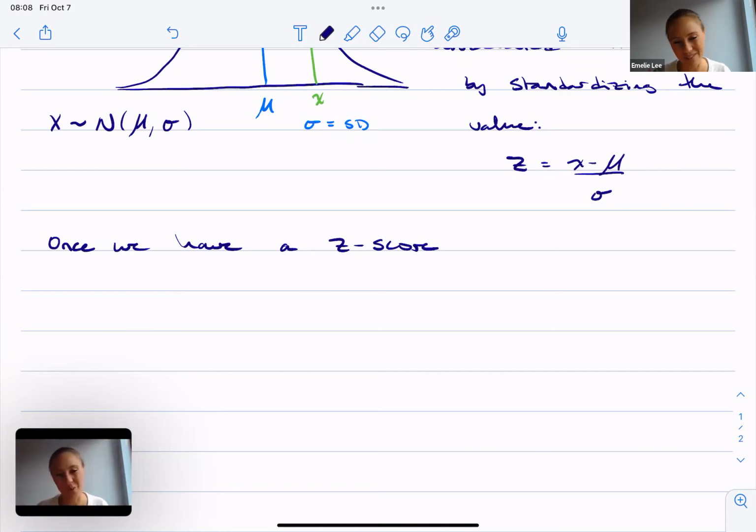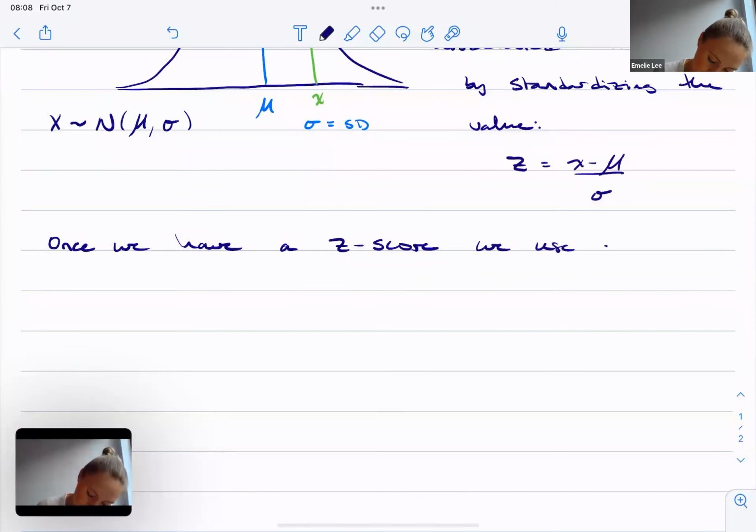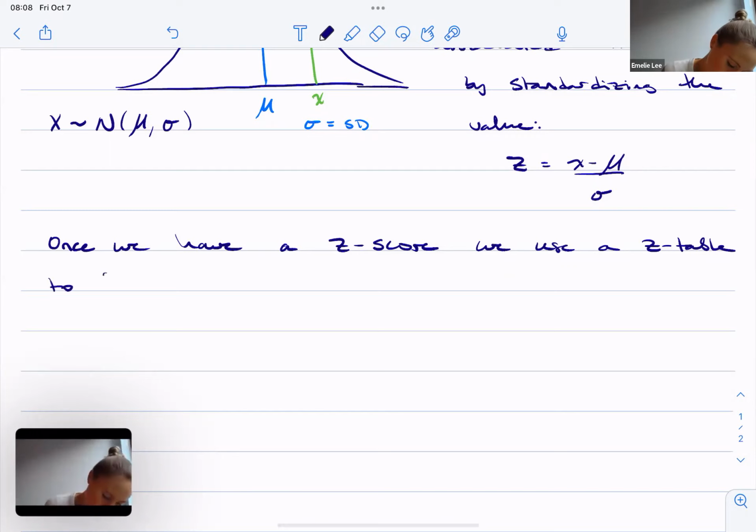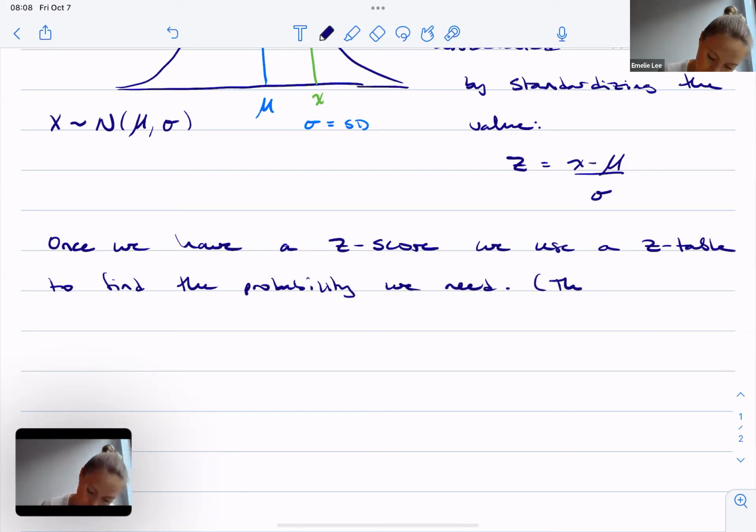Old school, but that's what we're doing. We use a Z table to find the probabilities, so the areas under the curve, to find the probability we need, which is really just the area under the curve.